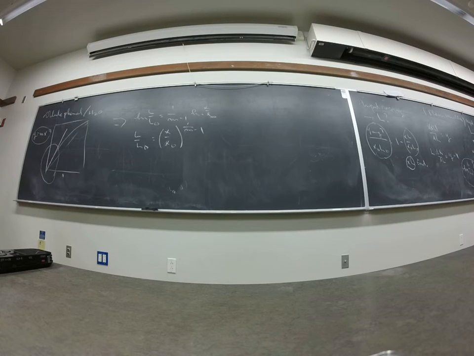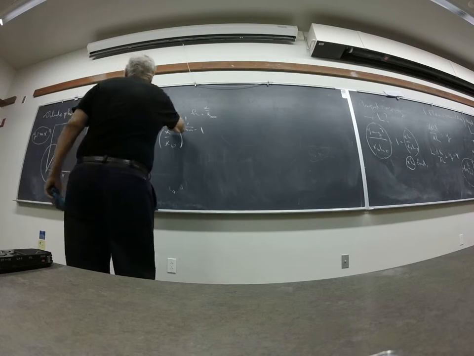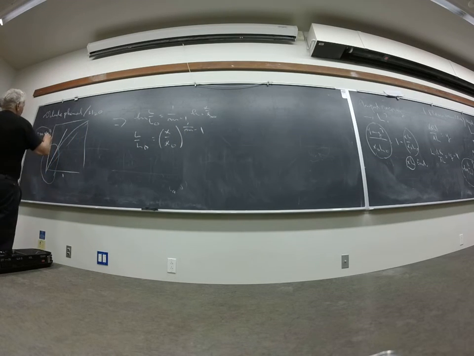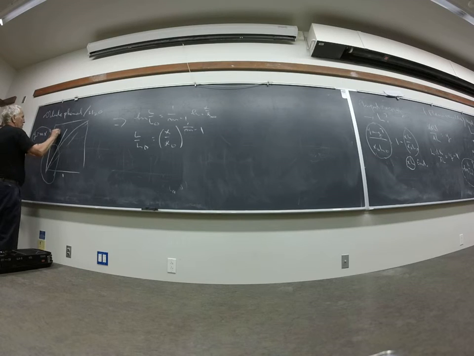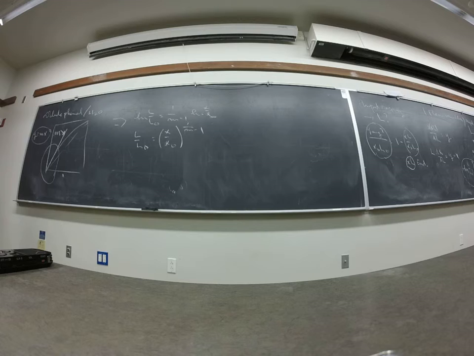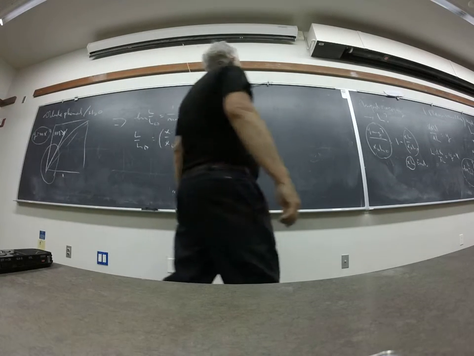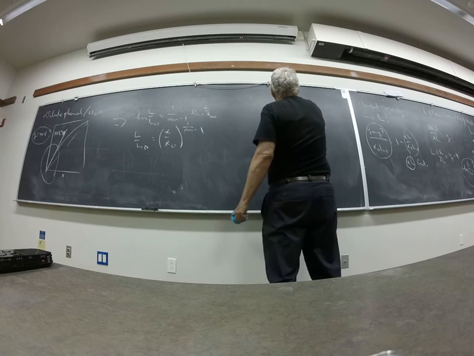Sorry, what is that squiggle? 1 over squiggle minus 1? This M is the slope of that line. Well look, we'll use squiggle. Don't get disappointed. I happen to love squiggle. This is squiggle.